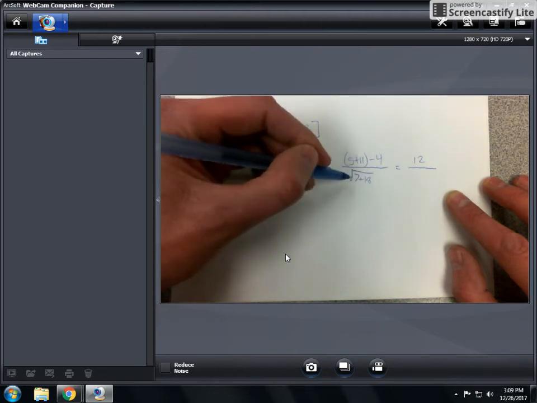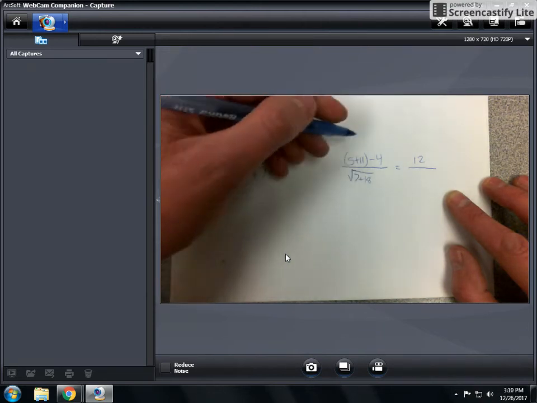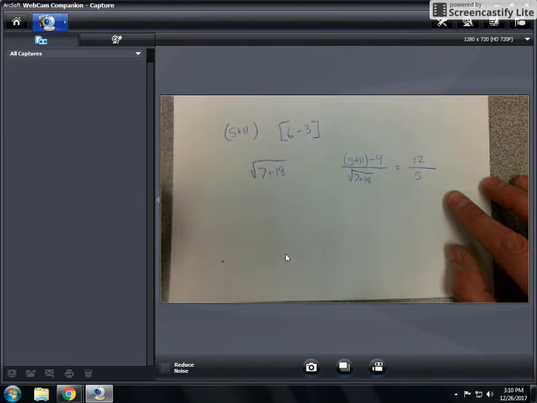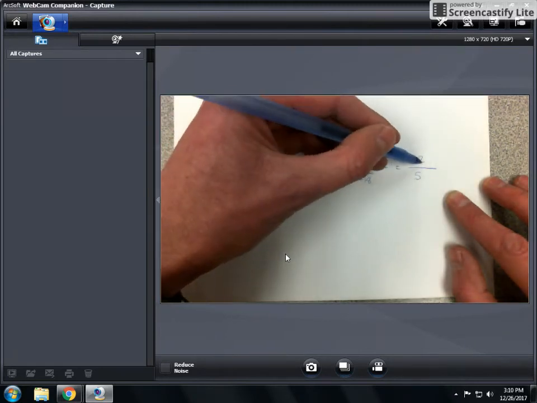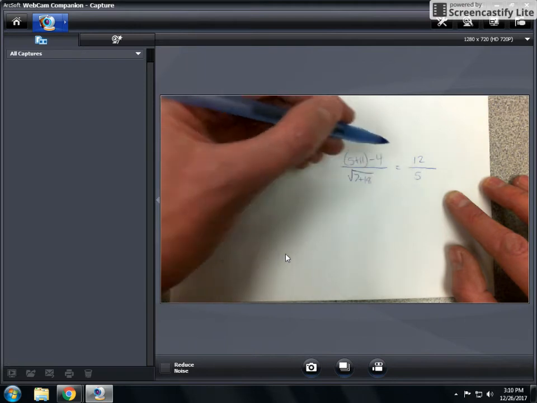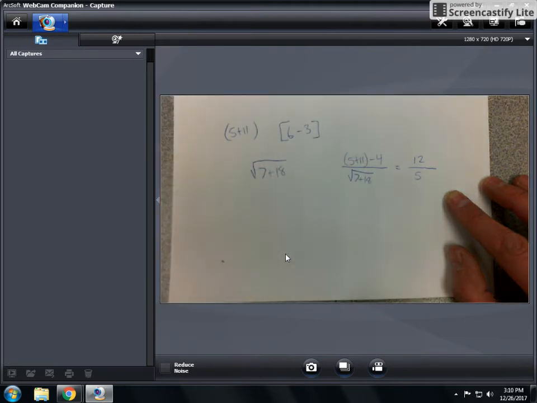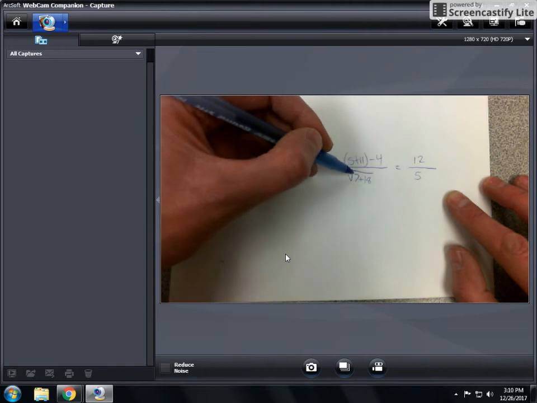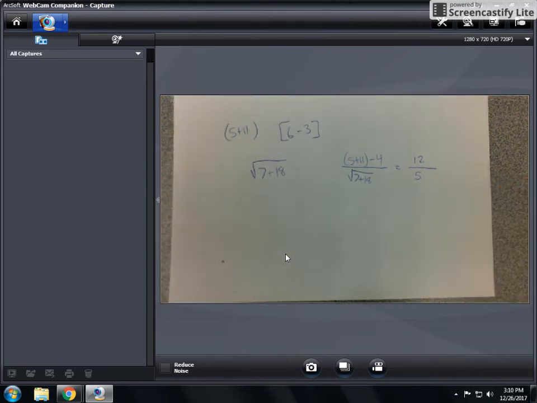And so 7 plus 18 is 25, square root of 25 is going to be 5. Then you would look at this fraction, you would do 12 divided by 5 and get your result. And so you would need to do everything in the numerator first, everything in the denominator second. And so it is a form of grouping, even though we don't see any grouping symbols necessarily. You do need to treat that as a form of grouping.